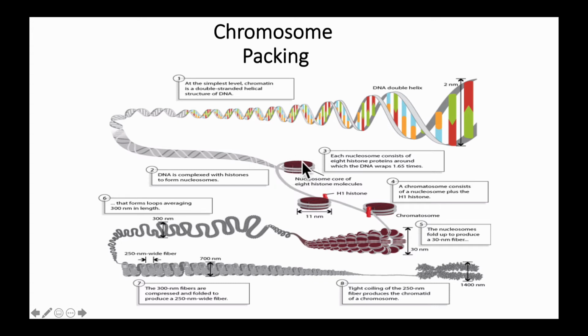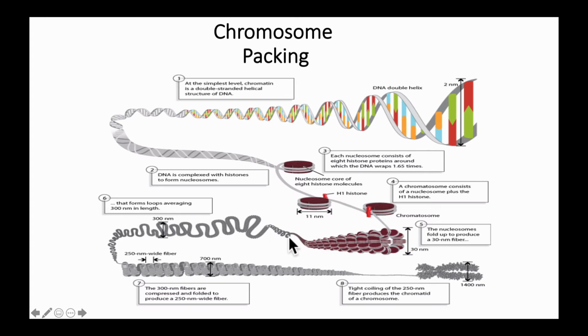Let's just call it a bead for this time. Now, as we progress, these beads start arranging themselves in different orientations and different thicknesses. Once that happens, we have a different term for it. We call that chromatin, a fold over here, or chromatin threads.